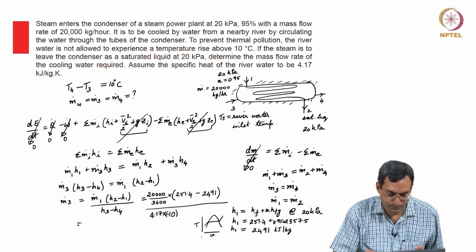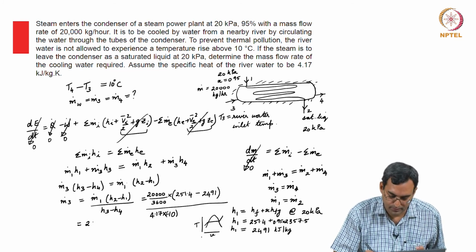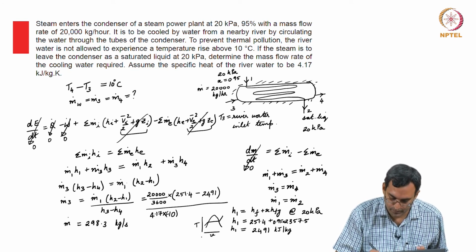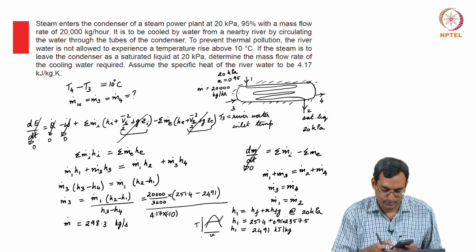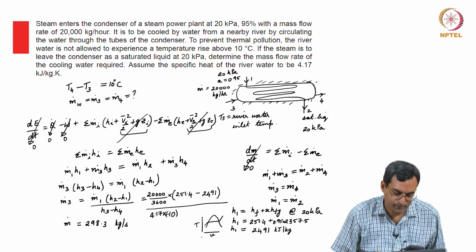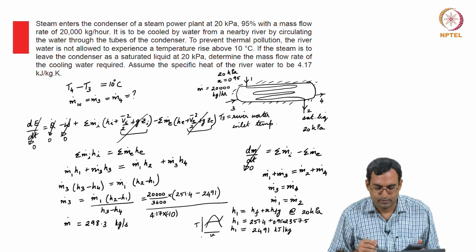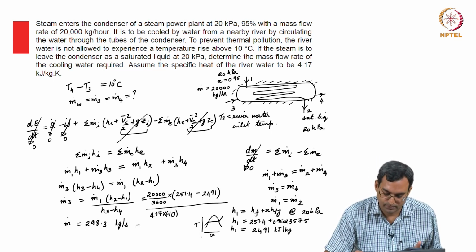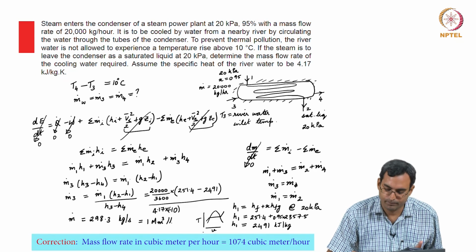So, we get an m dot 3 of about 298.3 kg per second, which if we multiply by 3,600, we get a value of about 1 million meter cube per hour.